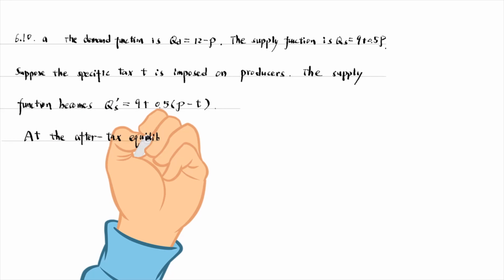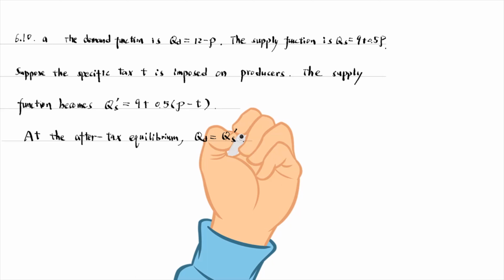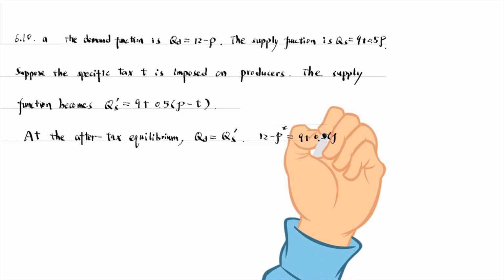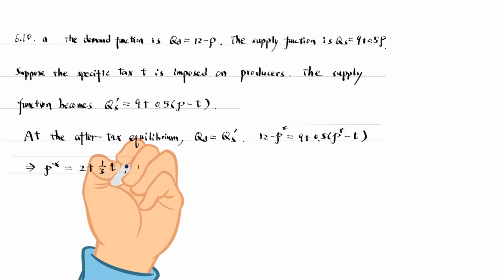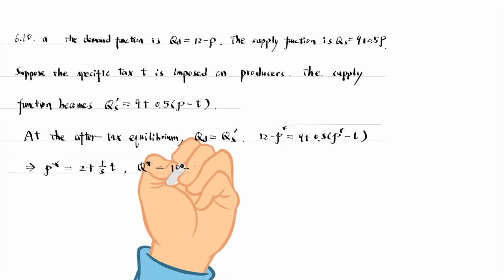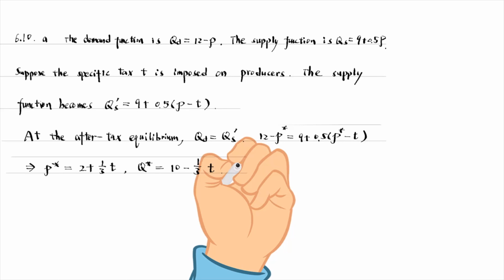At the after-tax equilibrium, the equilibrium quantity demanded equals the equilibrium quantity supplied. We can solve for the after-tax equilibrium price, which is a function of T. Substituting it into the demand function or the new supply function, we obtain the after-tax equilibrium quantity. It is also a function of T.